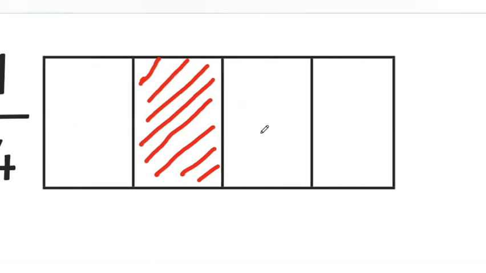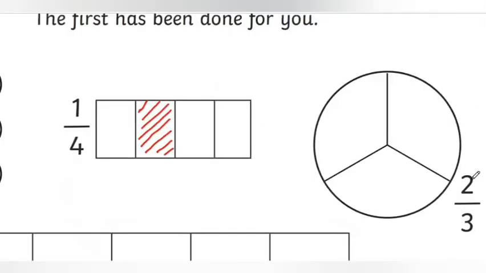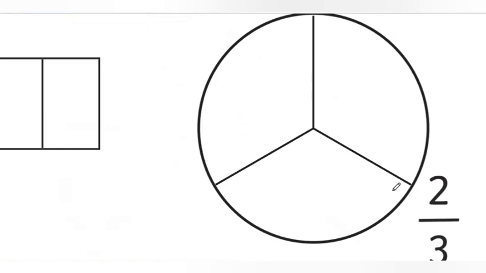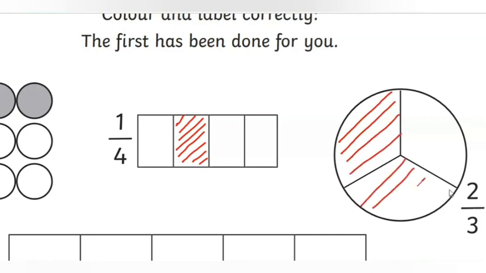Okay, shall we move to the next one? Here, how many parts do we have to color? There are 3 equal parts. Out of these equal 3 parts, we have to color 2 parts.